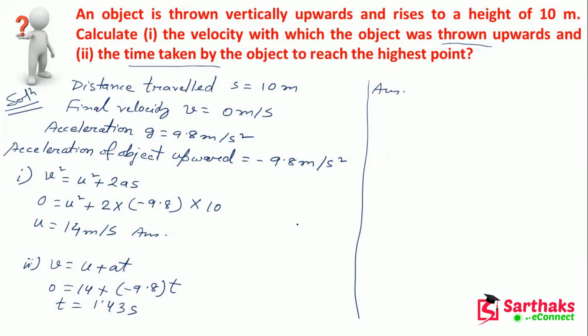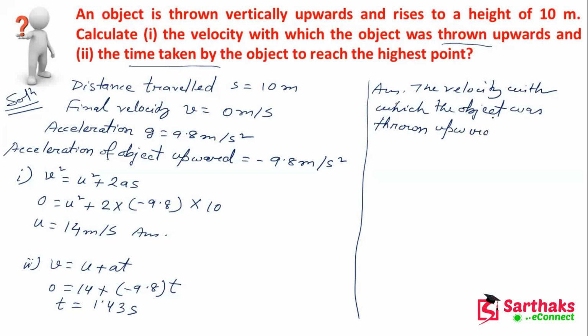Both of the answers you can write here. The first answer is u, the velocity with which the object was thrown upward, is 14 meter per second.